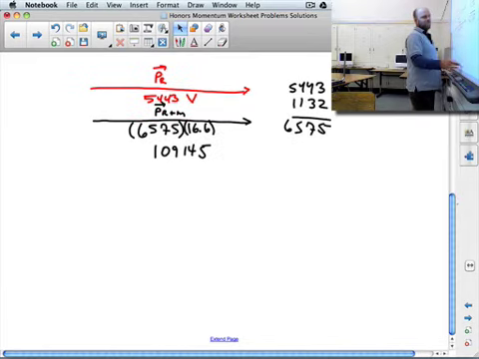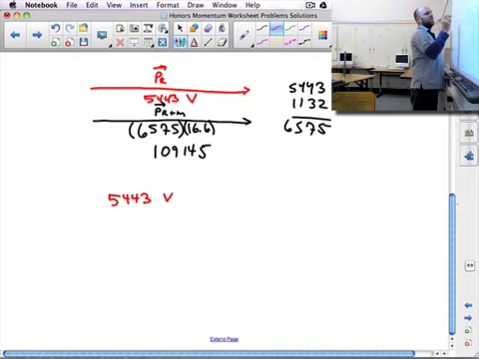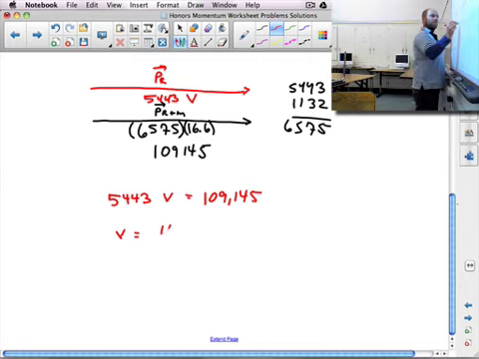We have the total momentum before. These vectors have to equal each other. So the 5443 times the velocity of the Ram before the collision has to equal 109,145. So the velocity of the Ram is going to be 109,145 divided by 5443.